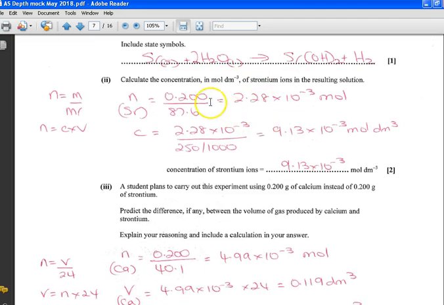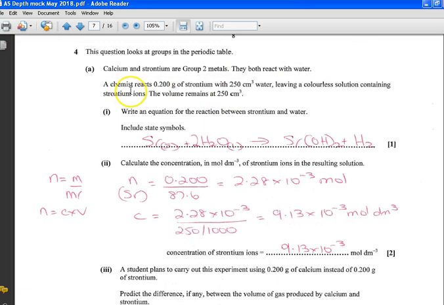Then calculate the concentration in moles per dm cubed of strontium ions in the resulting solution. So we have to look and see what information we've got up here. We've got 0.2 grams of strontium, so we divide that by the atomic mass of strontium, which tells us the number of moles, and then we're asked to calculate the concentration in 250 cubic centimeters. So concentration is number of moles divided by the volume.